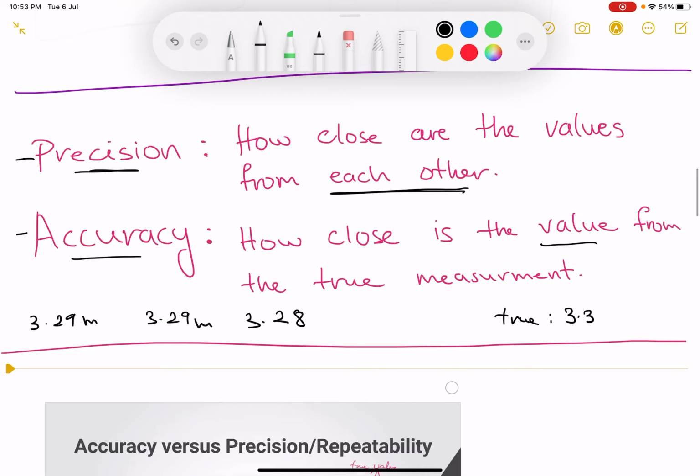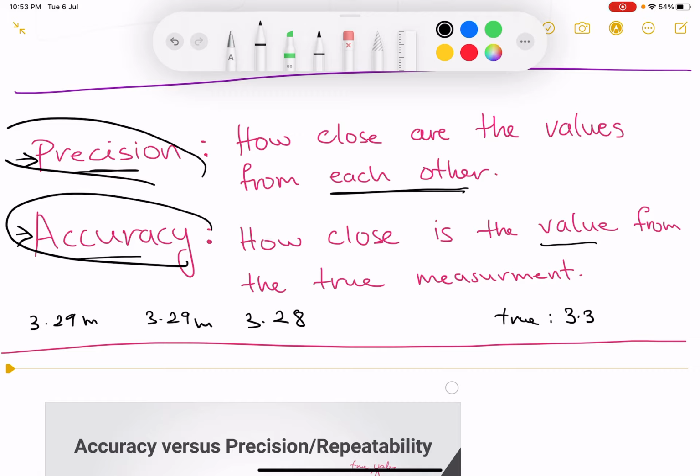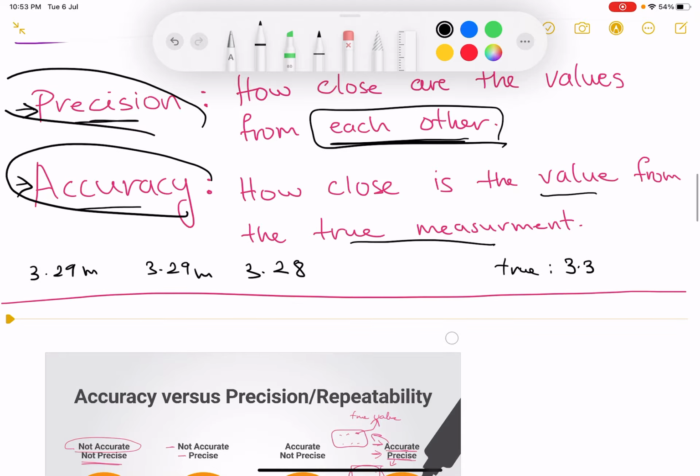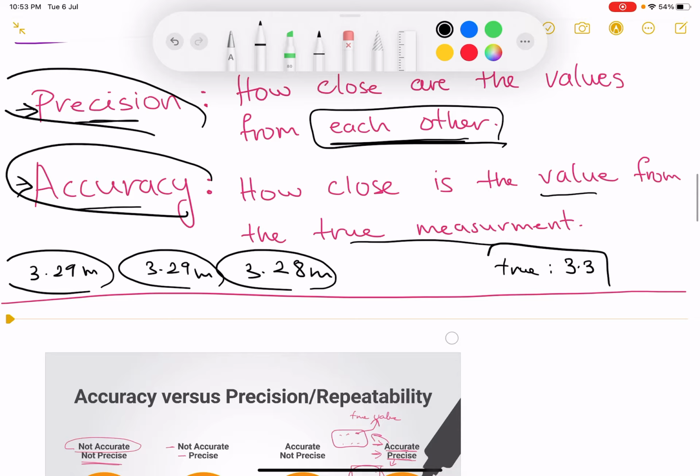Okay, we're going to look at 2 other terms, precision and accuracy. Precision is how close the values are to each other, whereas accuracy is how close the value is to the true measurement, the actual measurement. If we have these 3 measurements, and this is the true one, we can say that these are precise because they are close to each other.